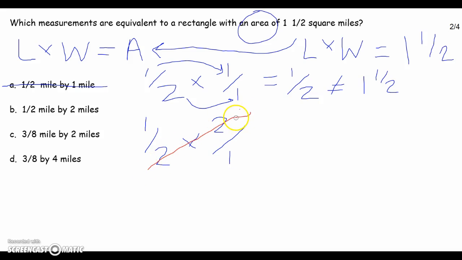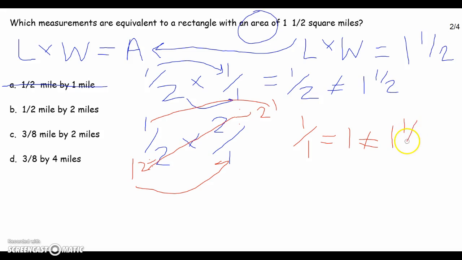So you can divide 2 by 2 and get 1, and again 2 by 2 and get 1. So now we have 1 times 1, which gives us 1, and 1 times 1, which gives us 1. This answer comes up to just plain 1, which is not equal to 1.5. So we now can mark off letter B.